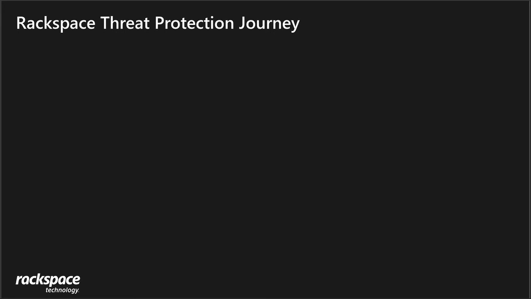So what we tend to do is follow a 4-step process with customers to help them properly protect their data. The first thing we need to do is discover all of that dark data that I talked about.